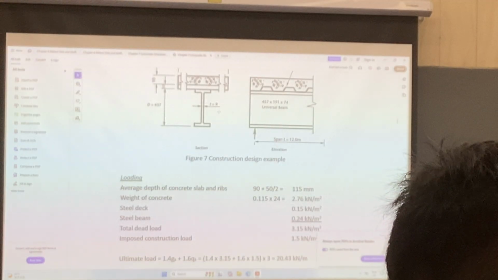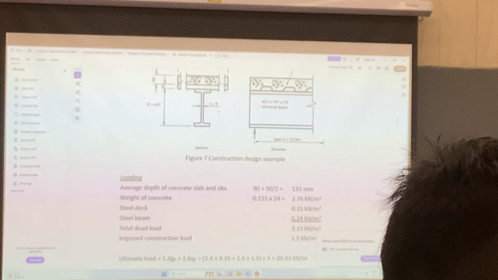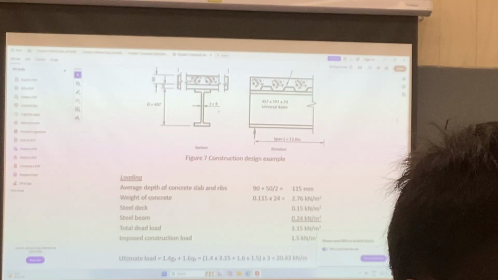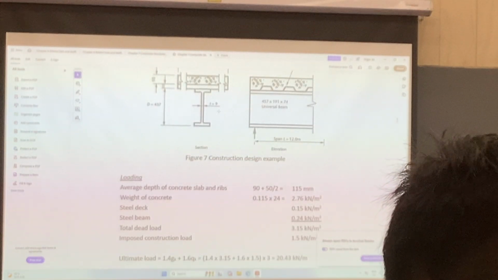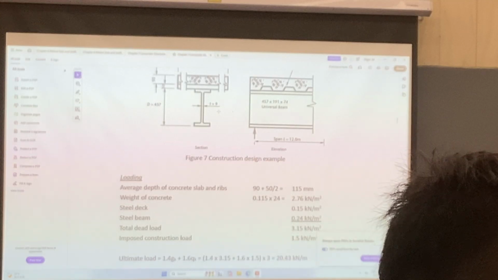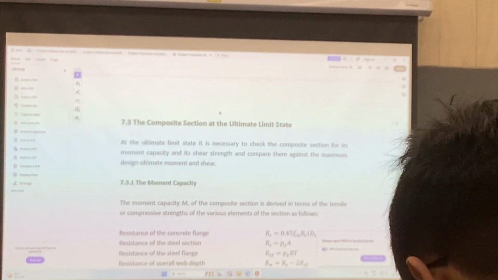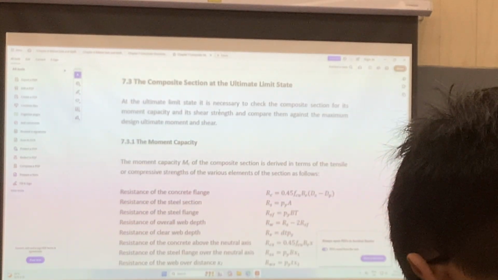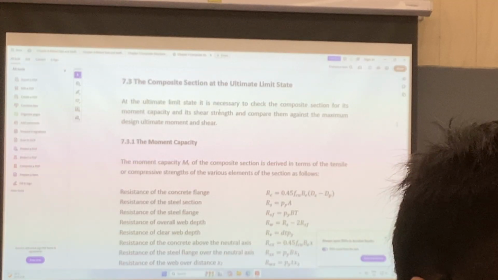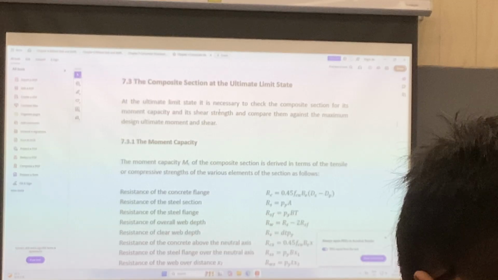Okay, so the steel beam is confirmed to have no problem, because the moment is OK and the shear is OK. The deflection we don't check yet; I will check the overall deflection later in the last section. But actually you need to check it, so that it does not exceed the limit, but we leave it for the last check. So for the moment capacity, actually, as I mentioned, it is a composite action between the concrete on the top and then the steel on the bottom.